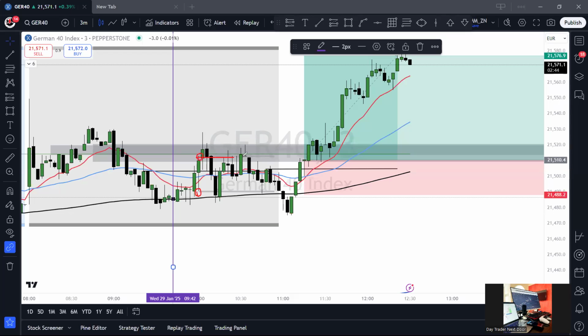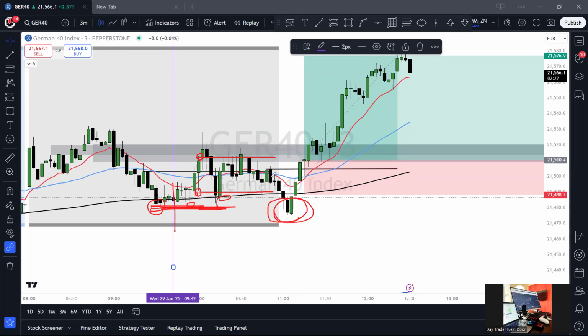I marked it with a faint gray color. I was just watching price to see what it wanted to do. These equal lows, this low just before London opened, and these lows just after London opened were taken out by this push down. This is the candlestick on the M15.